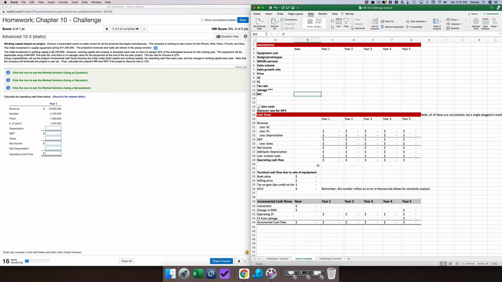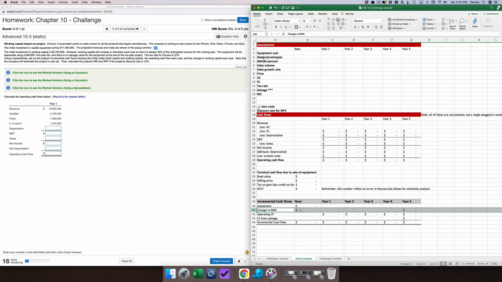And then the other thing is, we'll basically just delete our existing cell references here in the change in net working capital line. And I'll just give it a highlight to remember that we need to redo this line. So use highlighting to your advantage to help you solve these kinds of models.